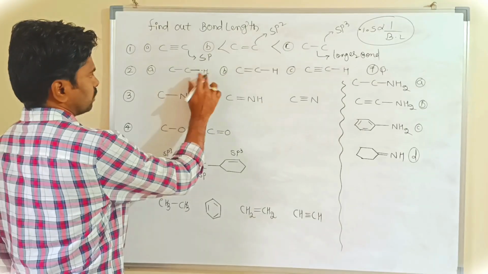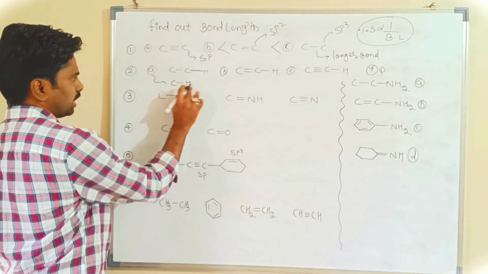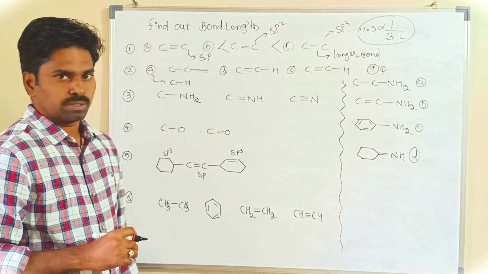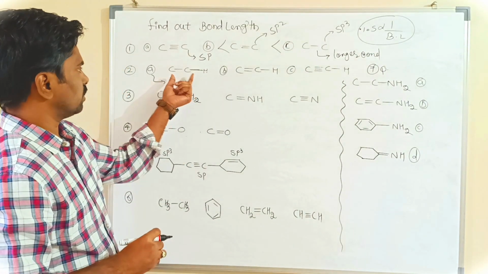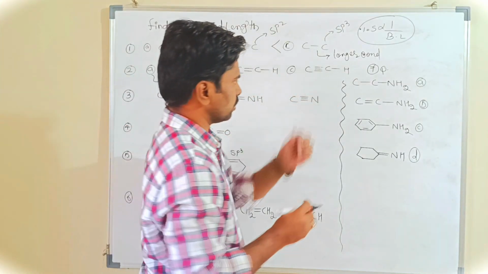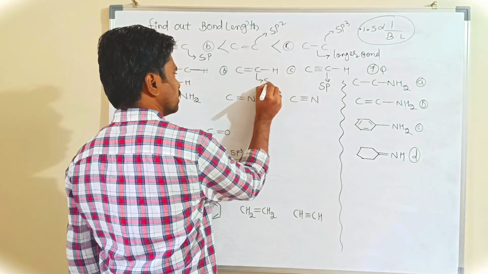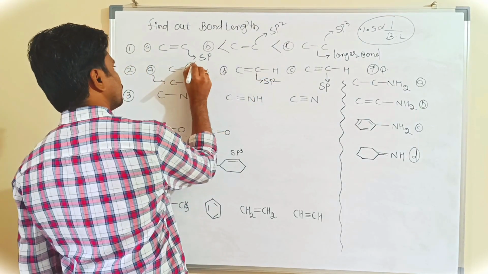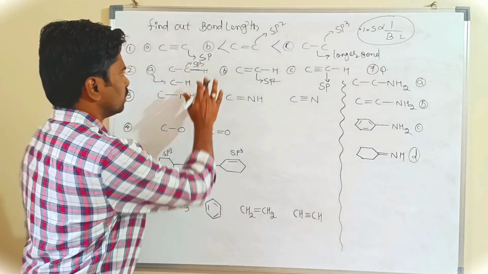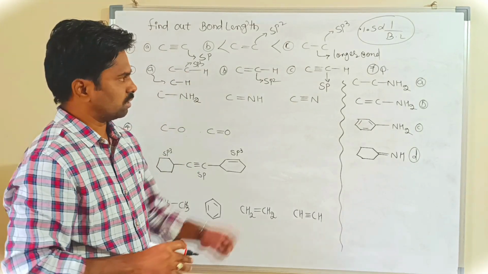Let us see this question: the bond length between carbon and hydrogen, which has the highest? Here the carbon hybridization is sp3, here sp2, and here sp. We know that with sp3 hybridization the bond length is longer than with sp.